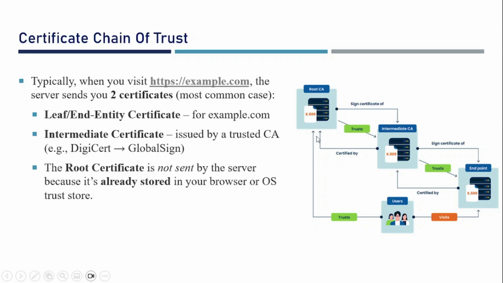Once we open the intermediary certificate, it gives us the public key of the intermediate certificate authority. This intermediate public key will be used to open the actual certificate of that website.